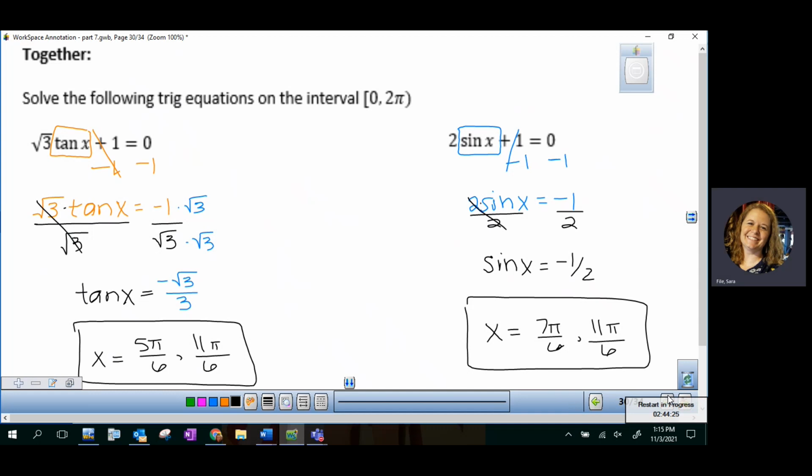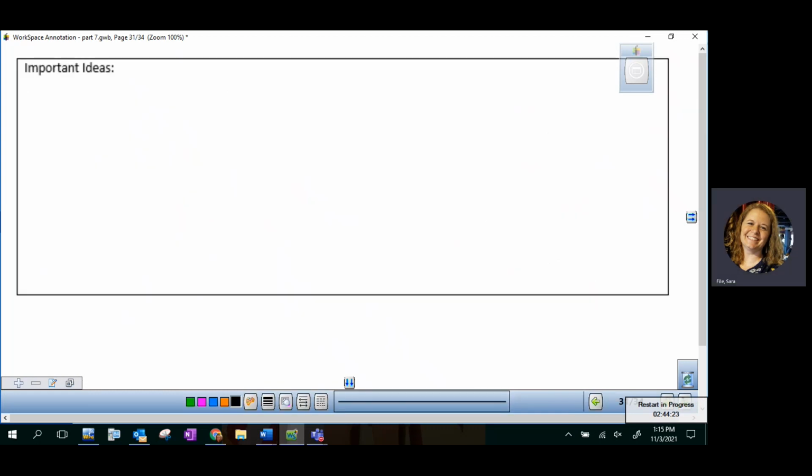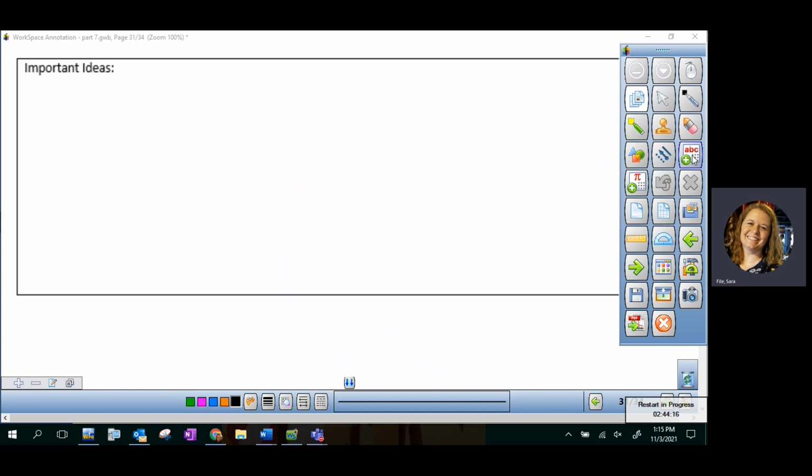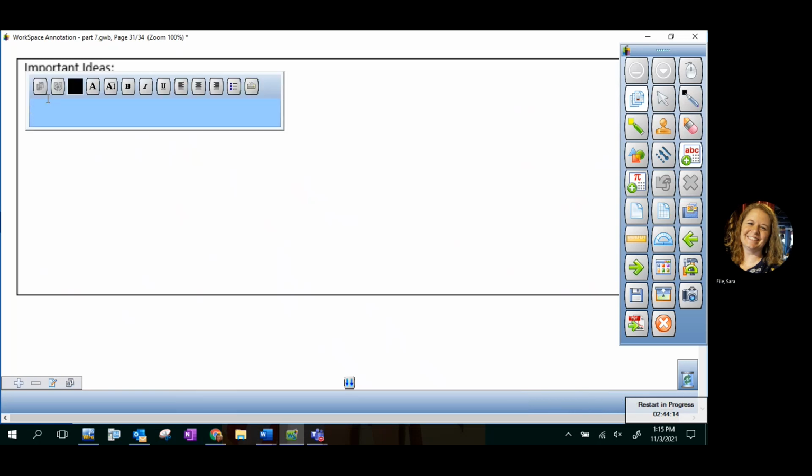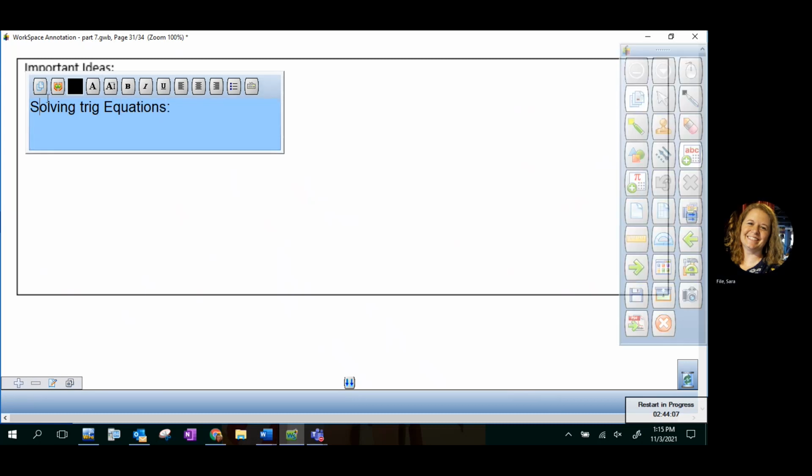So far so good? All right, so we're going to fill in some important ideas in this box. I'm going to type these in, you can write them down. To solve trig equations, the first thing we want to do is isolate the trig function. Get the trig function by itself.